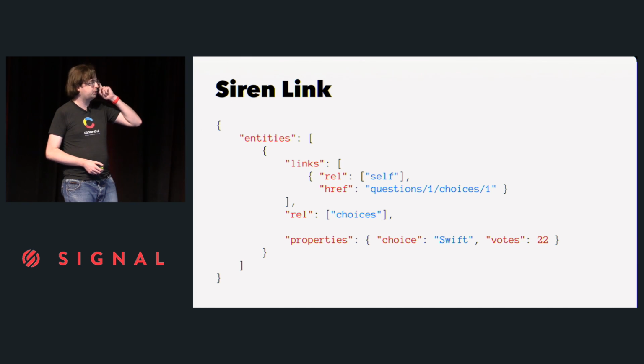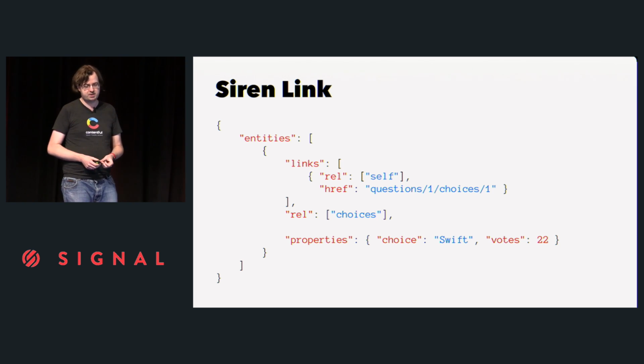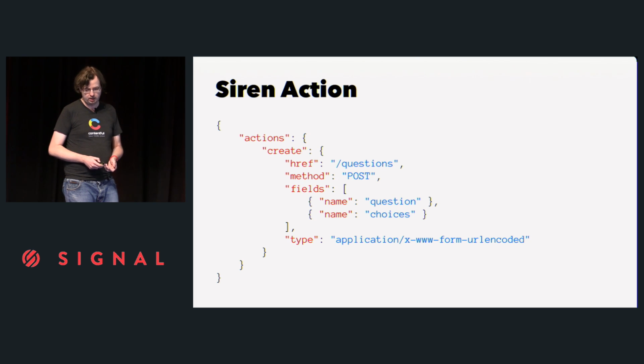So each entity can have links to other entities. It will specify its properties, and it will specify the URLs and the HTTP verbs that are being used. And then there are actions as well for something like a form submission.